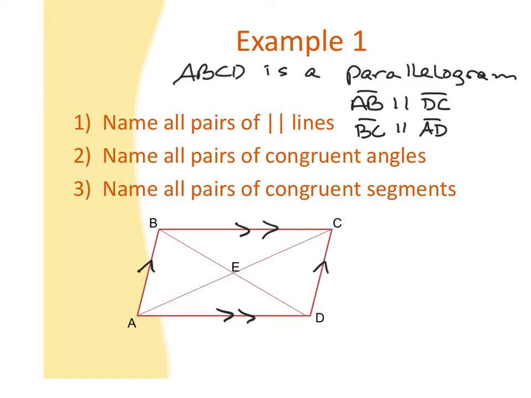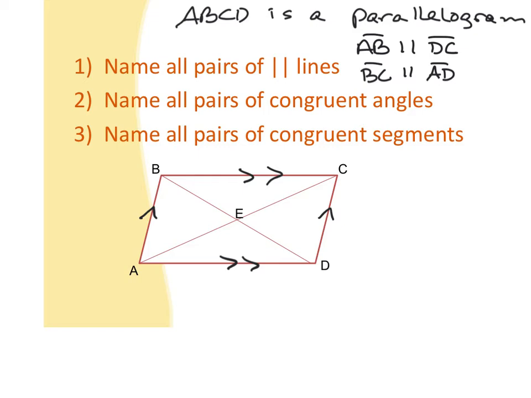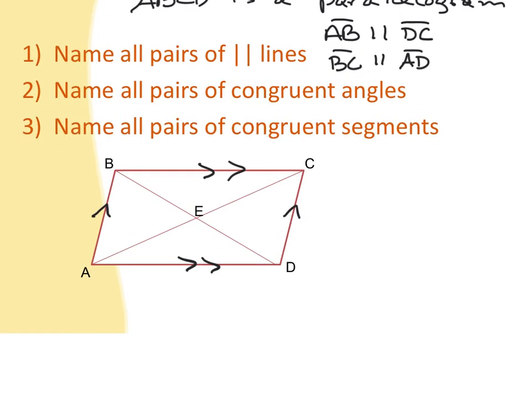Now, number 2 is going to be a lot of congruent angles here because they actually drew in the diagonals. So let's get ready to name a bunch of different congruent angle pairs. First we're going to do the obvious using the theorem that we just learned: if a quadrilateral is a parallelogram, opposite angles are congruent.